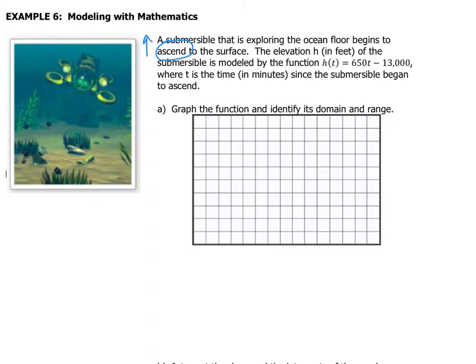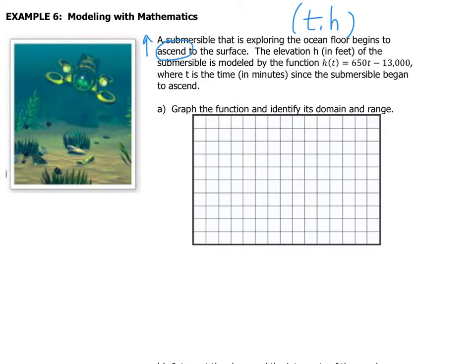The elevation h of the submersible is modeled in this function h of t. So that means all of our ordered pairs are going to be t comma h. T being the time in minutes, and then the h is the elevation in feet.